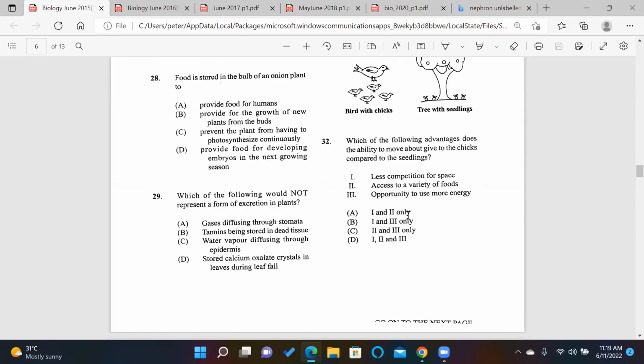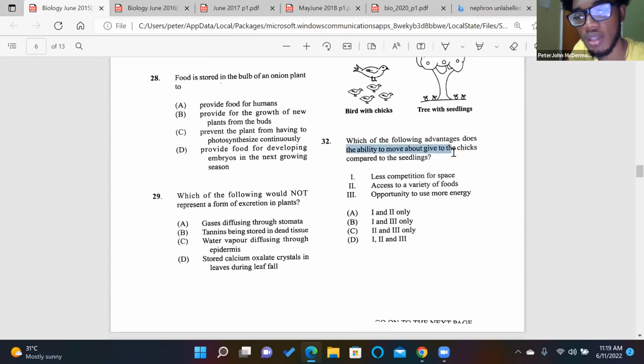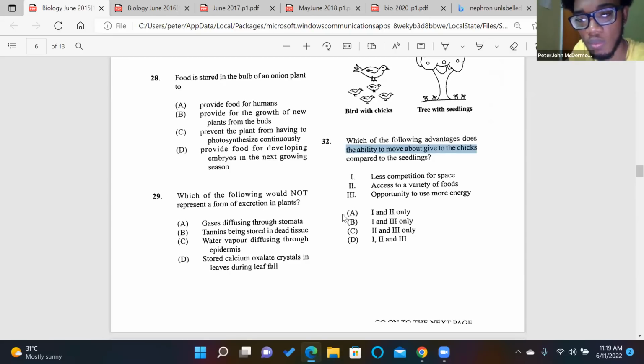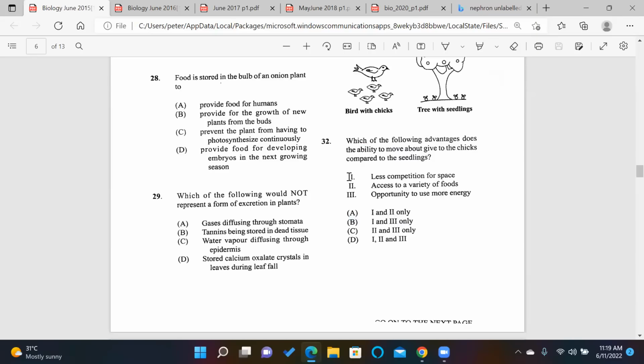So I'm not sure. Does the ability to move about give the chicks... Their ability to move would give them the access to a variety of foods. Yeah, so that's why I'd say A. Wait, hold on.